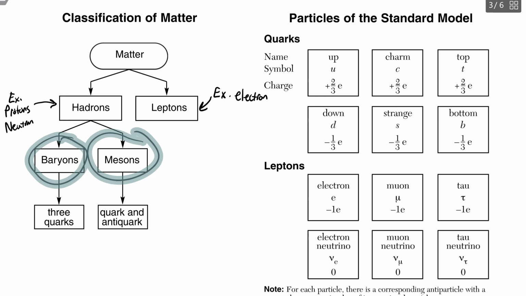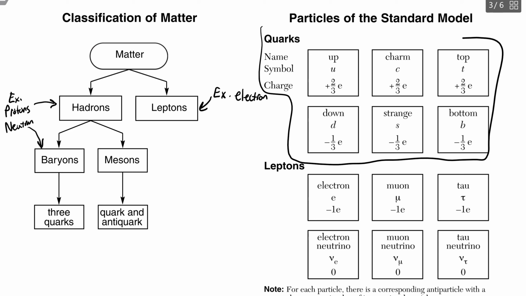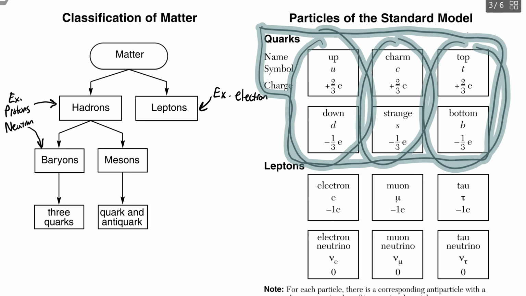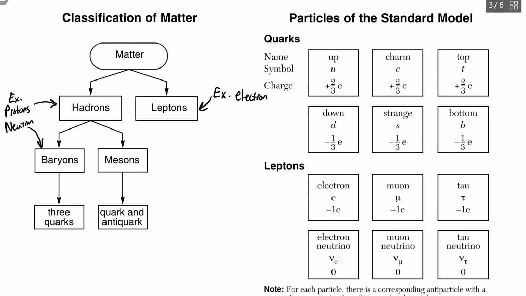Protons and neutrons fall into the baryon category because they're made of 3 quarks. This table here shows you the 6 different types of quarks that you could have. You could have an up quark or a down quark, a charm quark or a strange quark, a top quark or a bottom quark, and there are all the different combinations, but there are 3 of them.